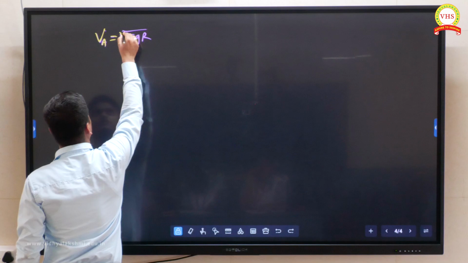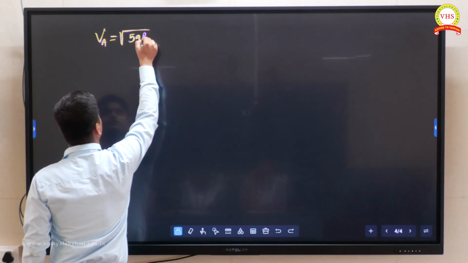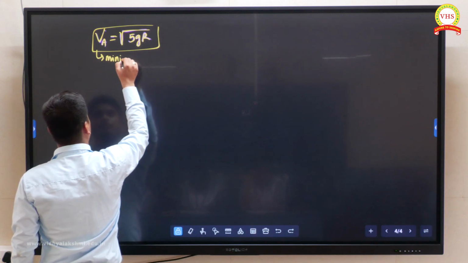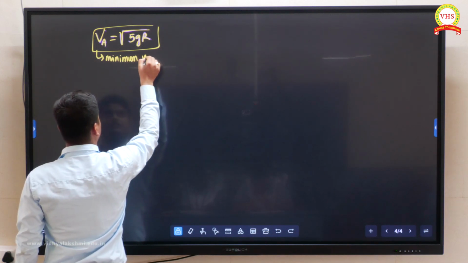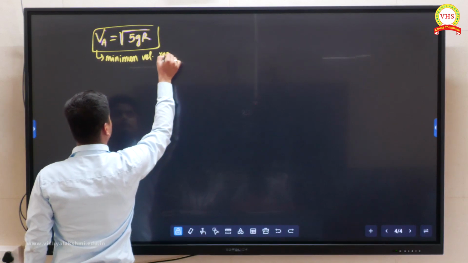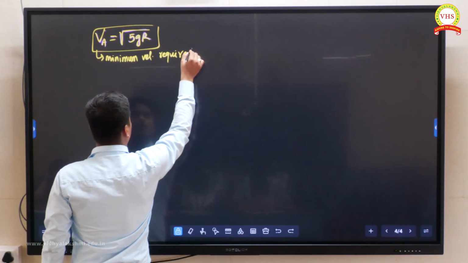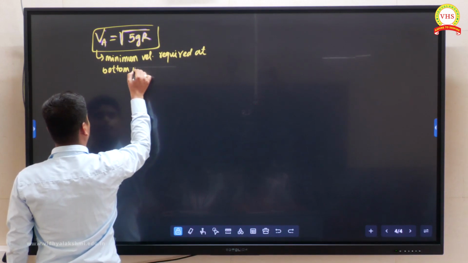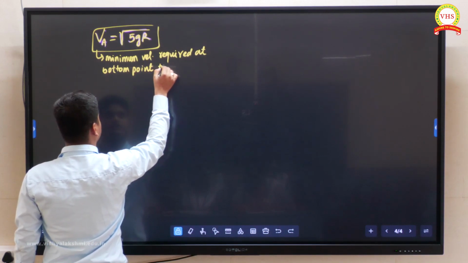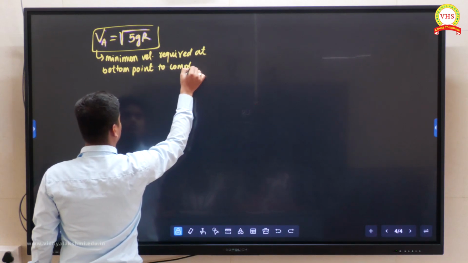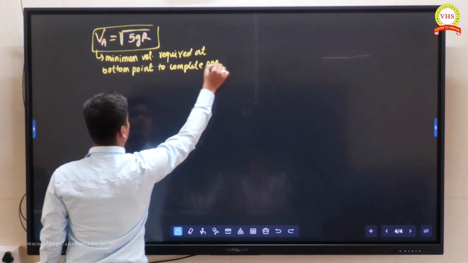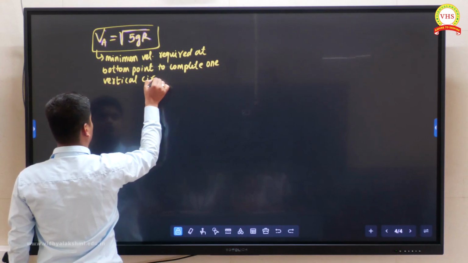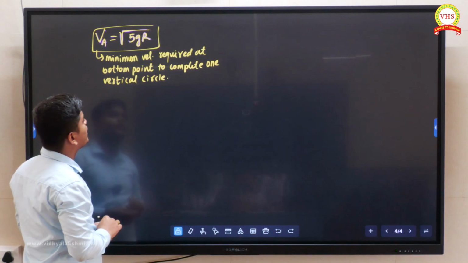That is the minimum velocity required at the bottom point to complete one vertical circle.